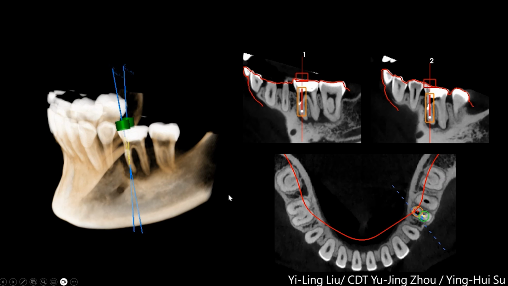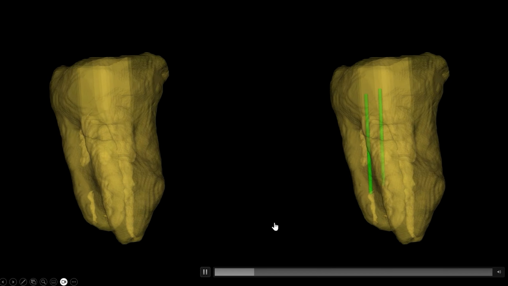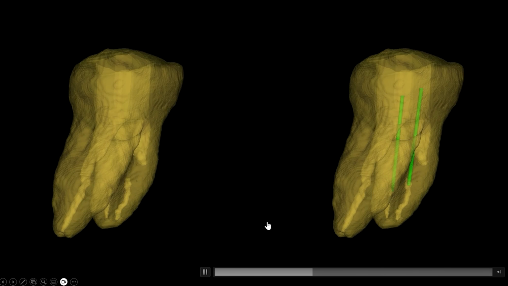That means these are the two drill paths. I am going to drill through here, and this is the drill path. We try to penetrate the obliteration at the middle of the root. These two guides in the center are the path.